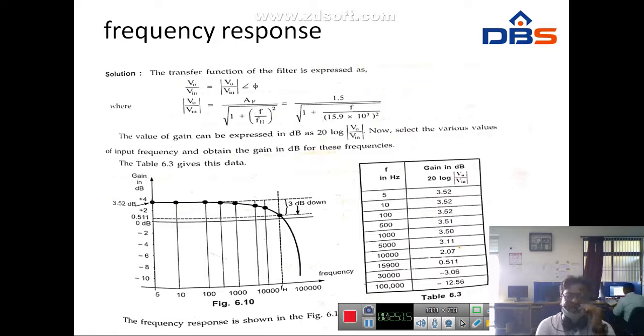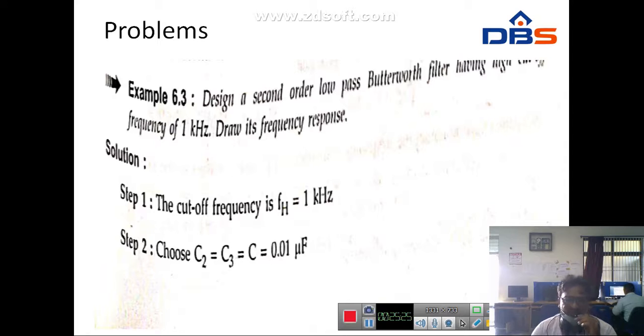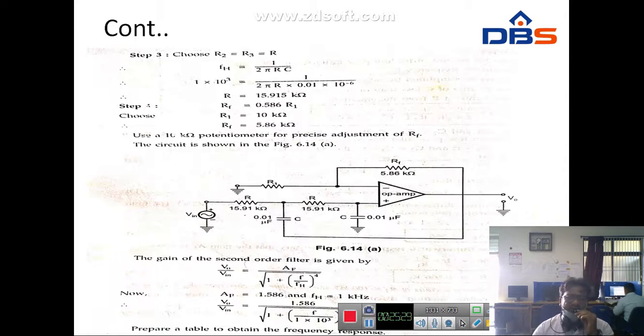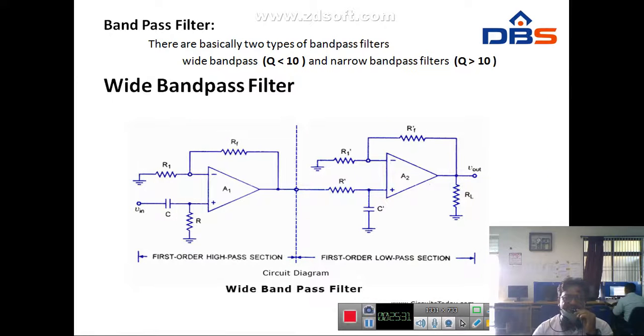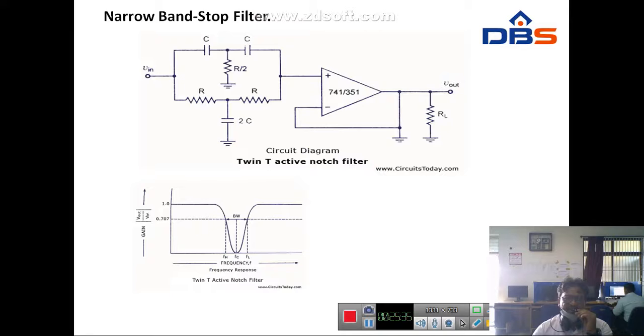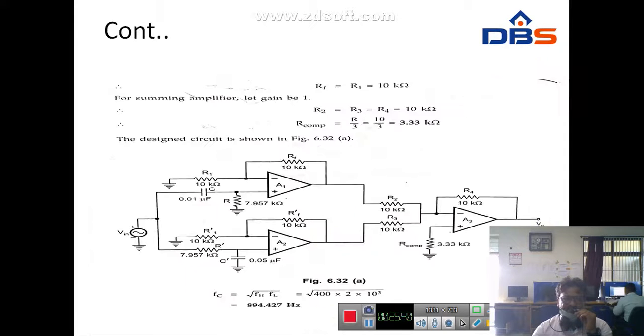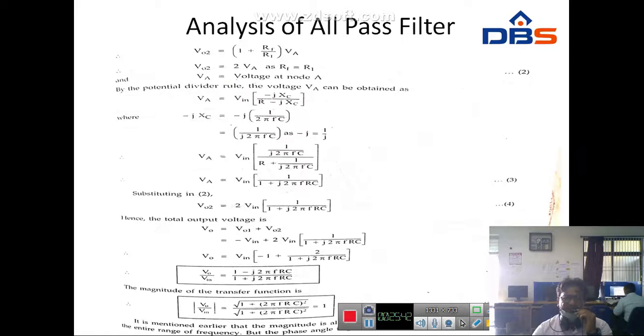From that we calculate the frequency response. So this is about a simple low pass filter. In the next class we will see the high pass filter, band pass and band stop filters, and all pass filter.